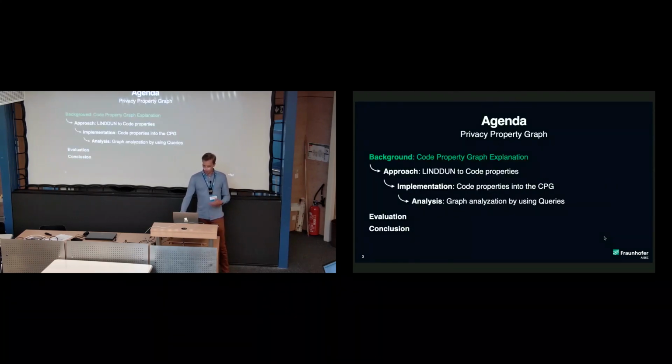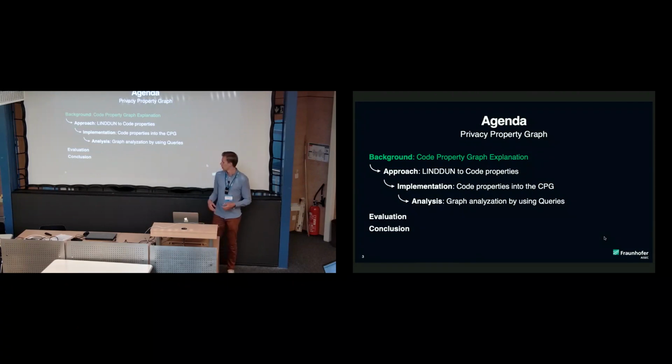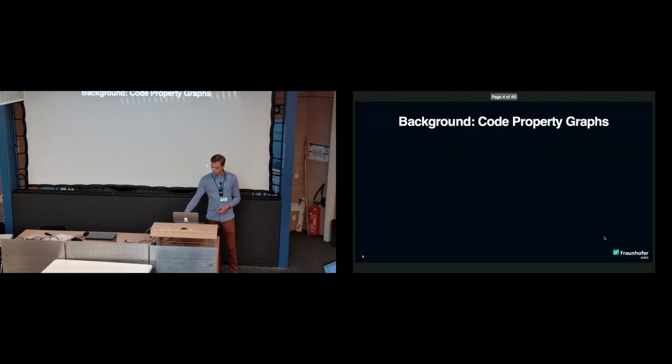And what I want to start with now is some background on code property graphs, which is the technical basis for this tool. Code property graphs essentially combine different types of graphs. So they're static analysis tools that really just work on the structural information of source code and build an abstraction of that in the form of a graph.